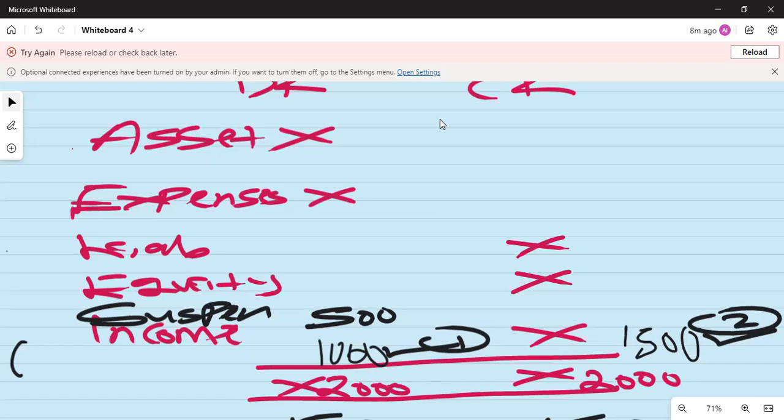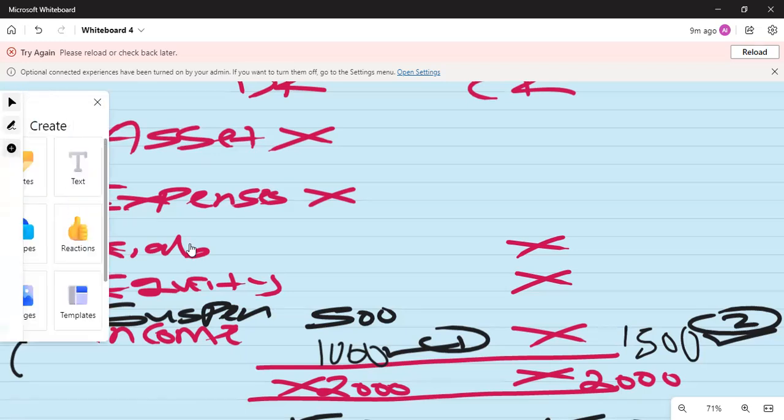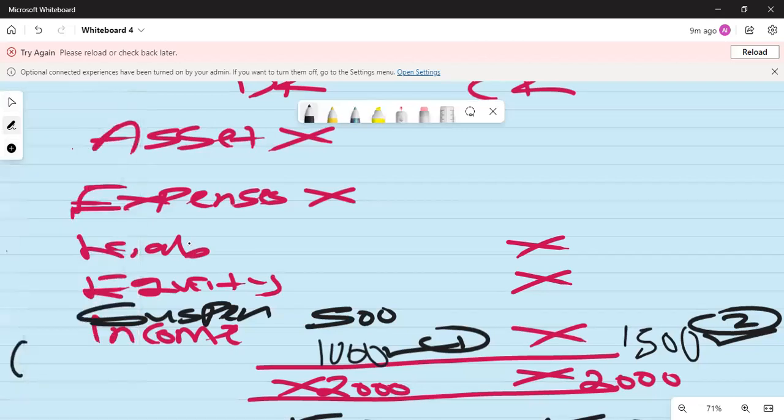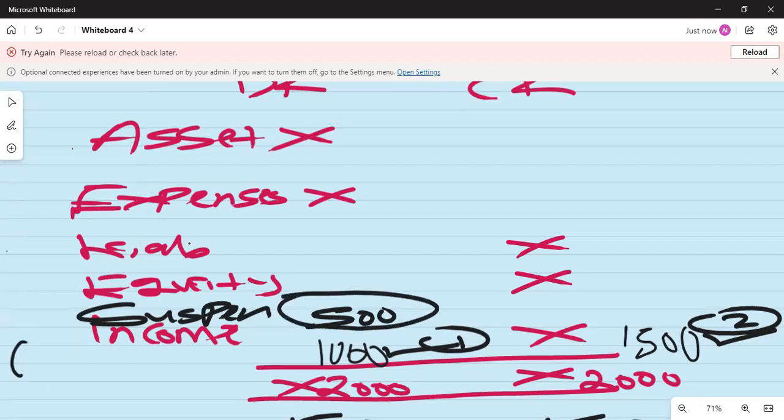For us to close this account, we are going to have a temporary account called a suspense account. Here in the debit side, I'm going to put a suspense account of 500 so that the account balances. Later in the long run, we are going to conduct some investigation on this 500 naira.